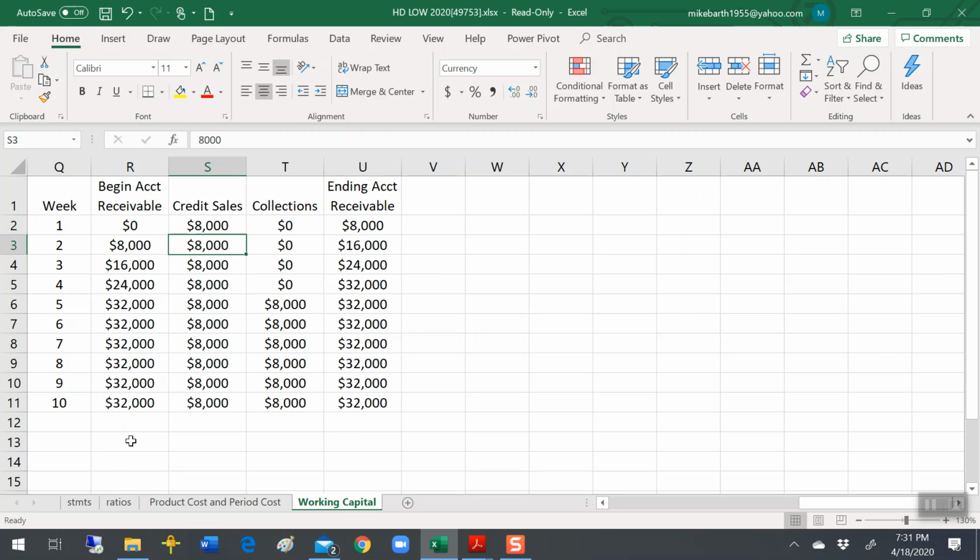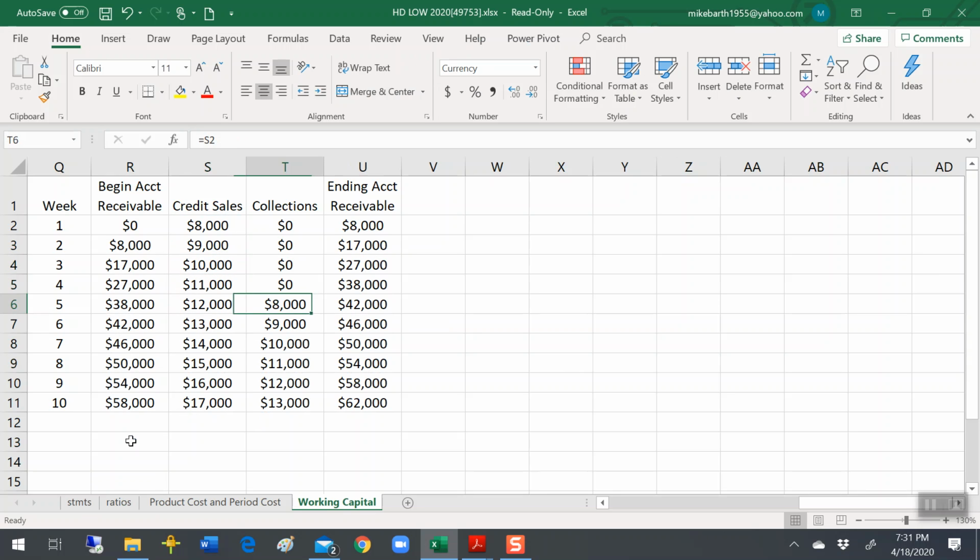Okay? Well, let's look at this a little bit different. Let's look at sales that we're going to increase at $1,000 a week. So that number plus $1,000. Notice that it grows and keeps on growing and growing faster simply because you're always collecting from what you sold 4 weeks ago.